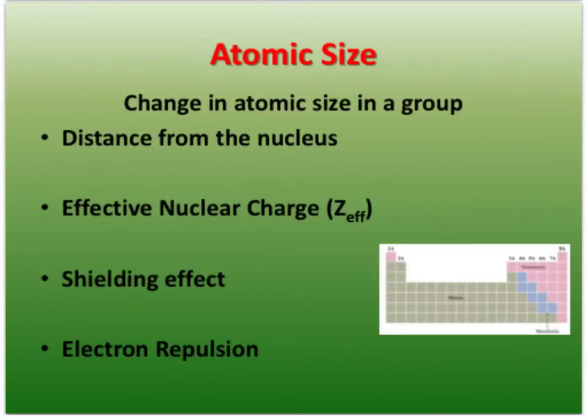So let's talk about the first trend, atomic size. When we talk about atomic size, we're looking firstly at the group, as we go down the group. Let's look at the different factors that would affect it.